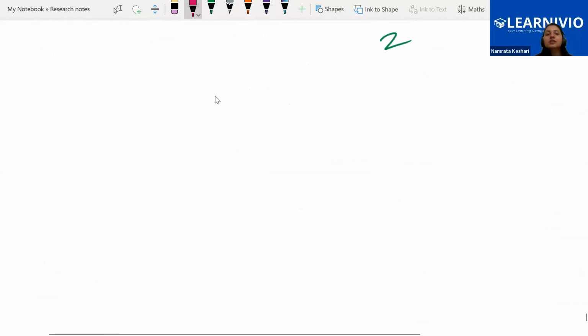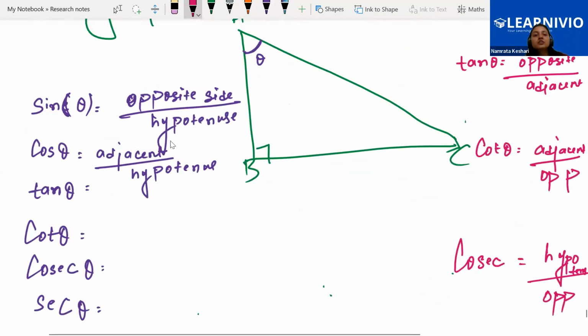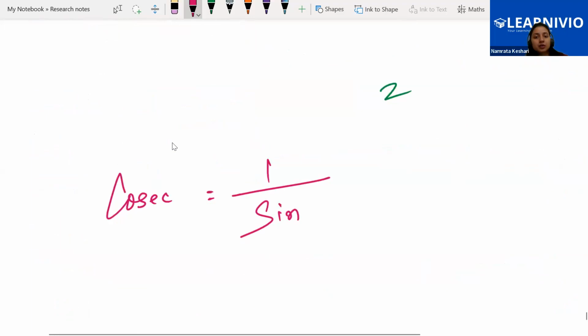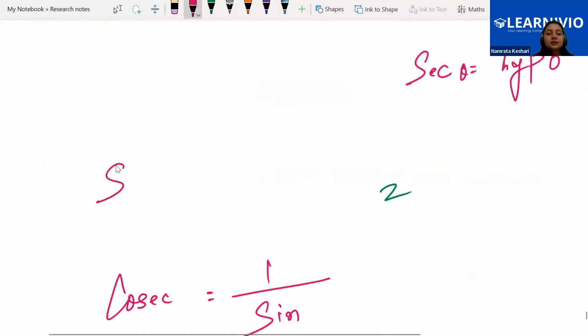Okay, in future you will see one more formula, that cosec is just the reciprocal of sine. So the formula for sine is opposite over hypotenuse. Hence, the formula for cosec is hypotenuse over opposite. Similarly, sec is just the reciprocal of cos.